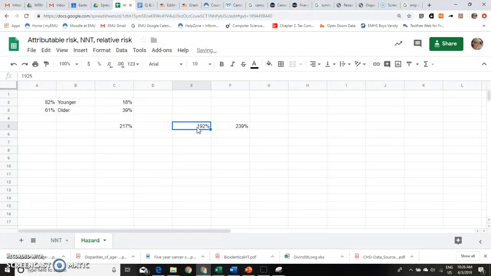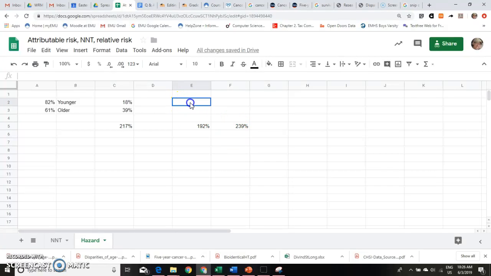Notice 1.92 is the same as 192%. 2.39 is the same as 239%. To convert decimal to percent, you're just shifting over 2 places to the right. So maybe we want to know, what's the chance that a younger person relative to an older person getting diagnosed with this kidney cancer, what's the chance of them dying?